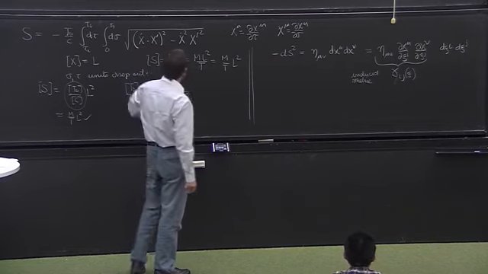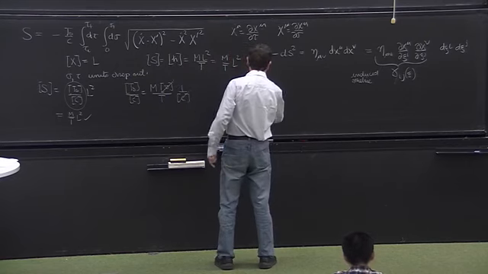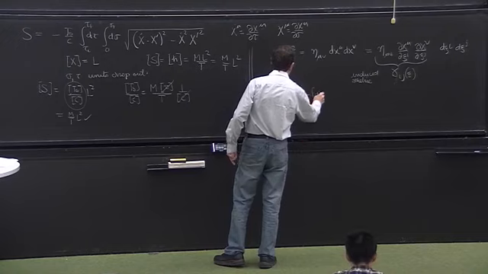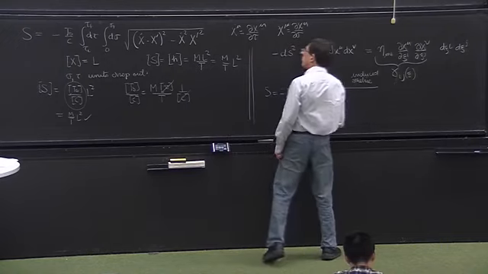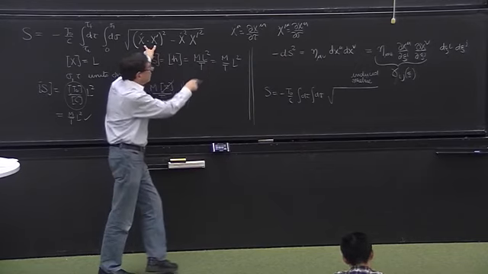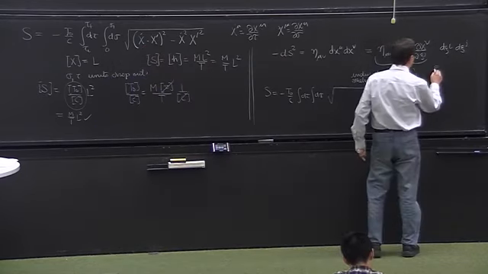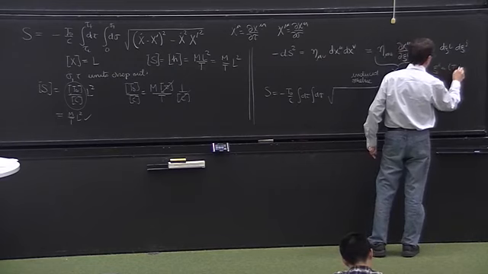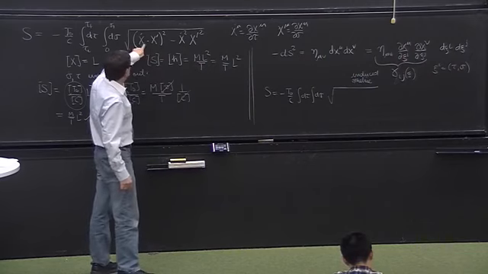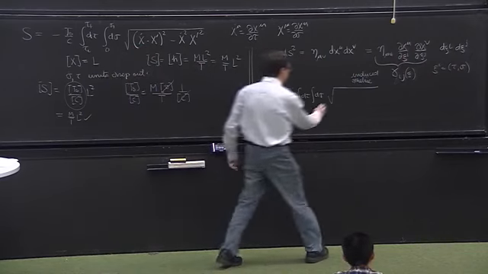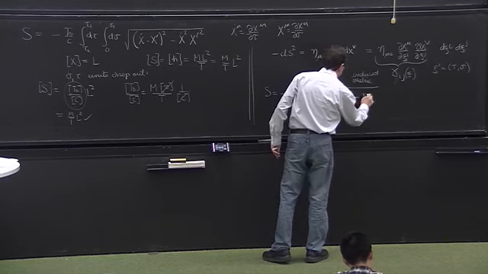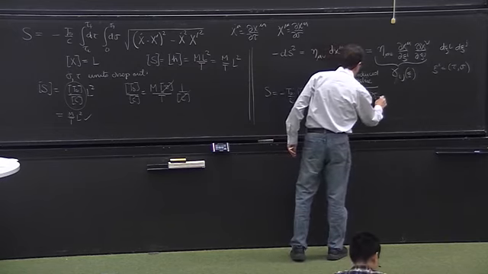And you can see that this Nambu-Goto action is minus T naught over c integral d tau d sigma square root of this term in gamma. Remember, the xi i's are tau and sigma. So this is gamma 12 squared minus gamma 11 gamma 22.